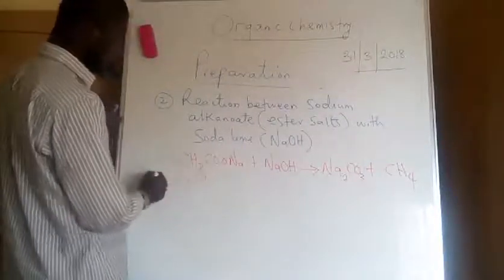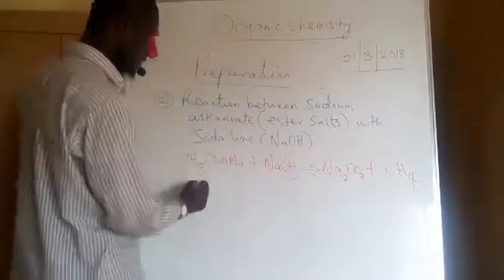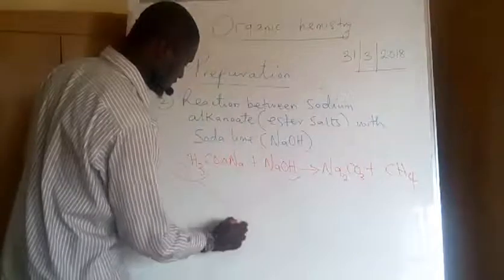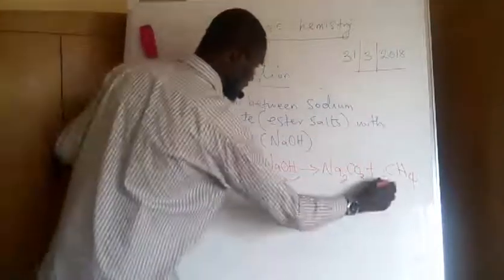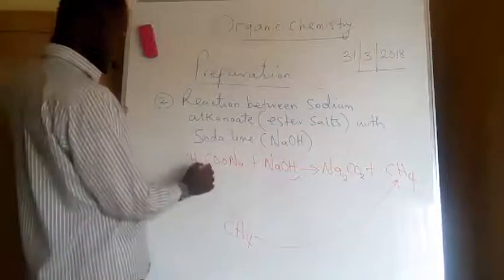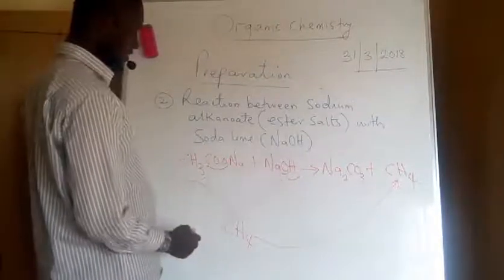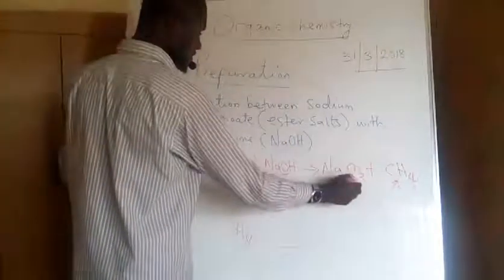This CH3 will react with H to give me CH4, which is my methane. Then this CO plus this O will give me CO3, which is this.